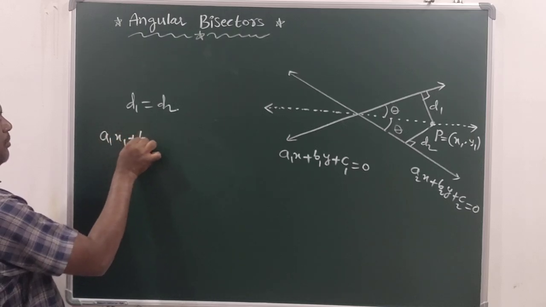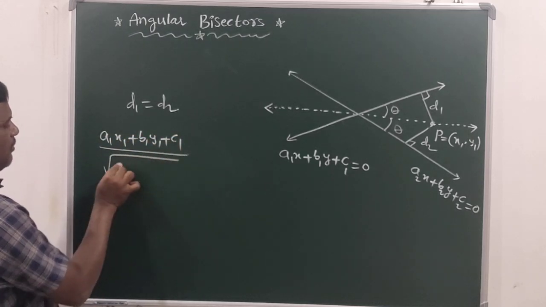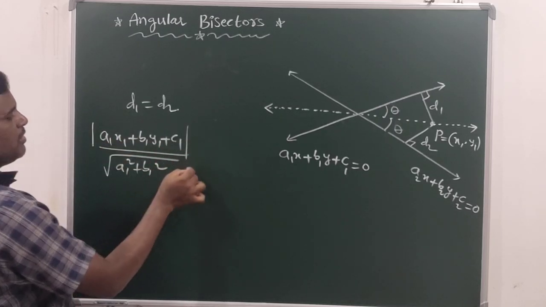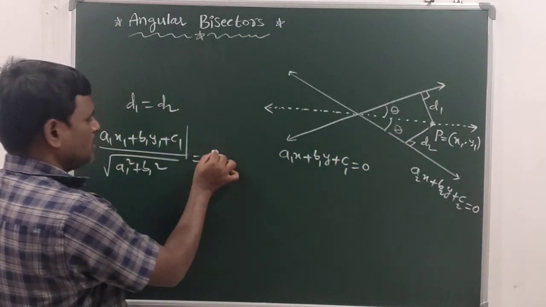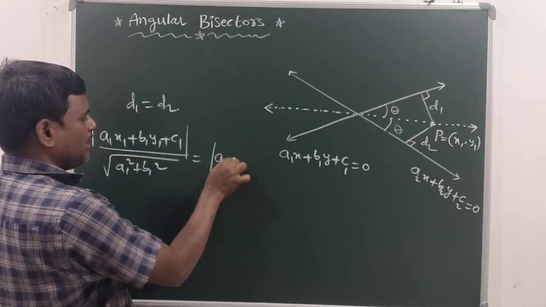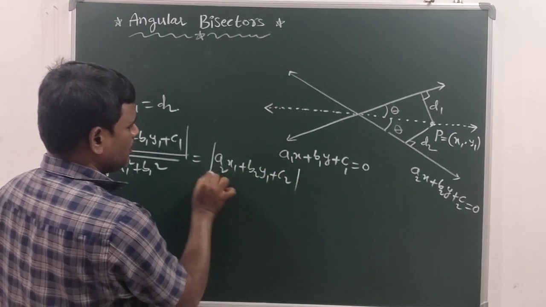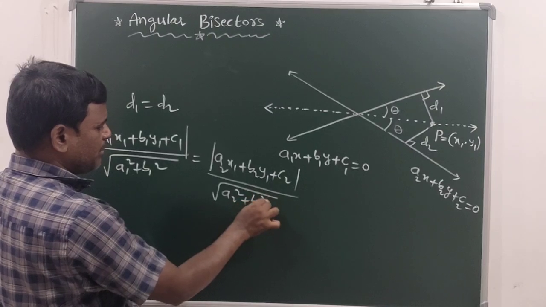Mod of a1 x1 plus b1 y1 plus c1 by root of a1 square plus b1 square. Here put the modulus symbol. So which is equal to, measure this distance, mod of a2 x1 plus b2 y1 plus c2 by root of a2 square plus b2 square.